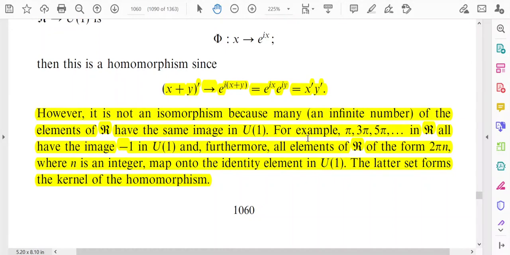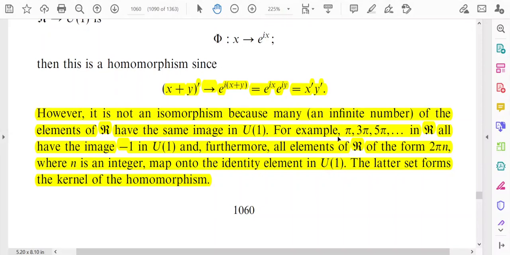For example, suppose we are considering pi, 3 pi, 5 pi and so on in R, and they all have the image -1 in U1. Why? Because x corresponds to e to the power ix, so pi corresponds to e to the power i pi, 3 pi corresponds to e to the power i times 3 pi, 5 pi corresponds to e to the power i times 5 pi, but the values of e to the power i pi, e to the power 3 i pi, e to the power 5 i pi are all -1.